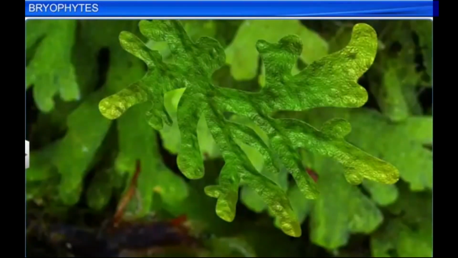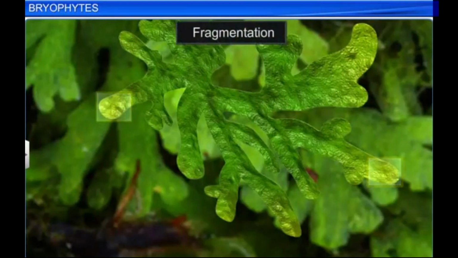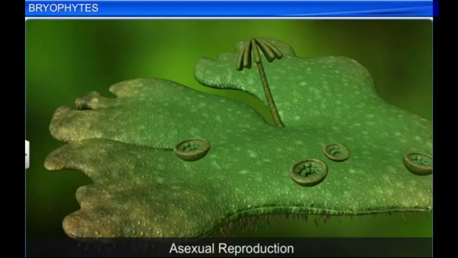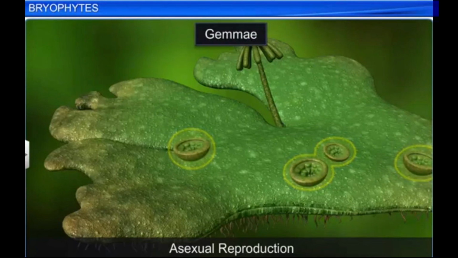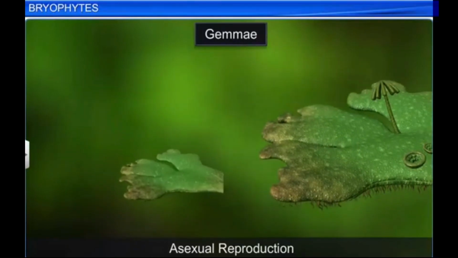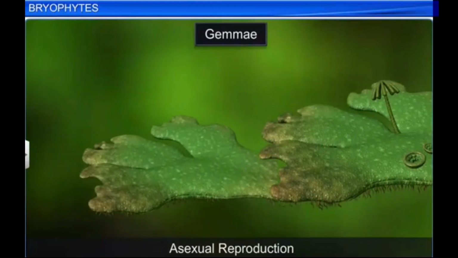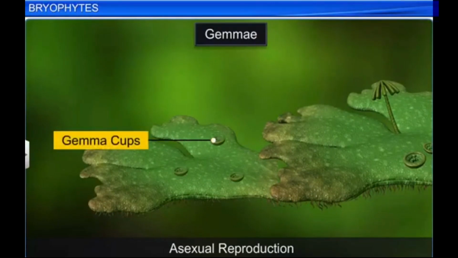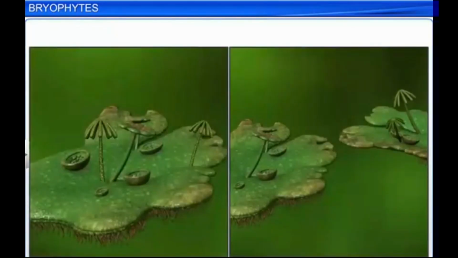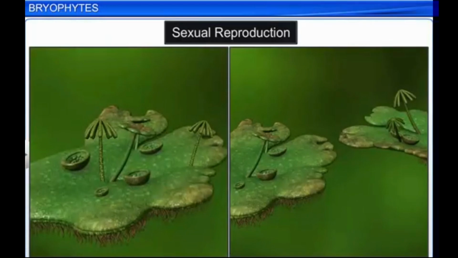In asexual reproduction, we observe fragmentation of the thallus. Asexual reproduction also occurs when gemmae are formed. They are green, multicellular, asexual buds that separate from the parent and develop into new individuals. They develop in small receptacles called gemma cups located on the thallus. In sexual reproduction, the male and female sex organs are produced either on the same or on different thallus.